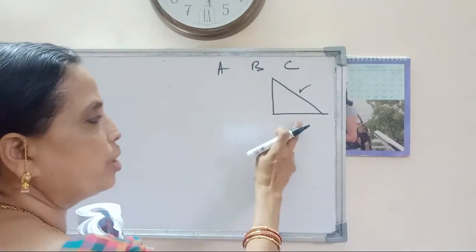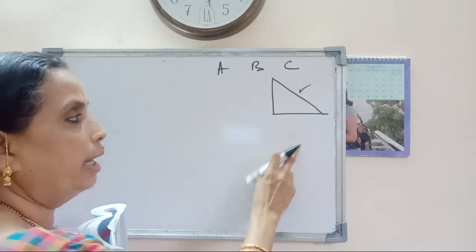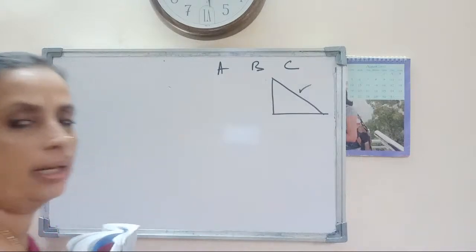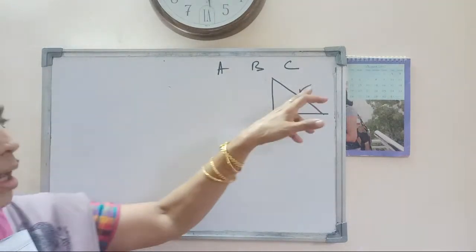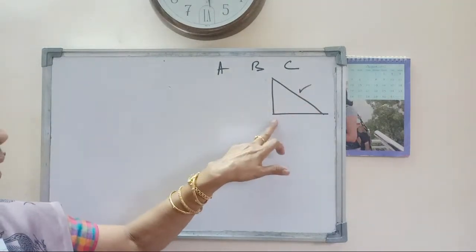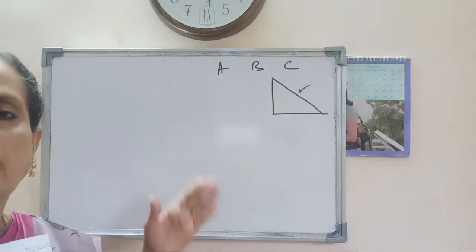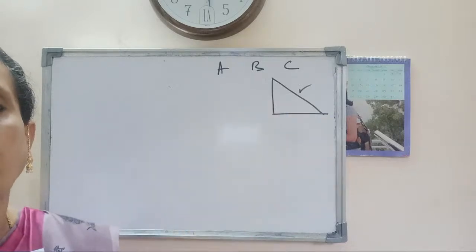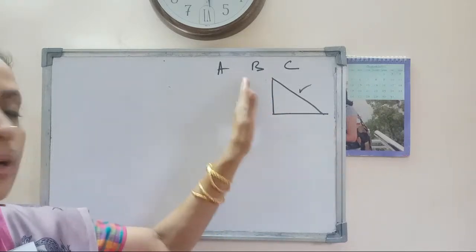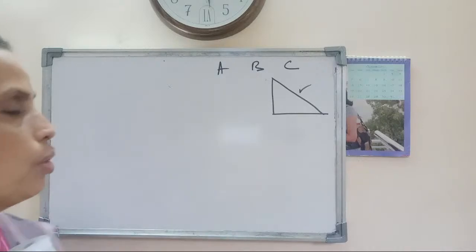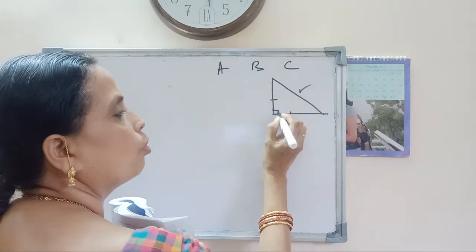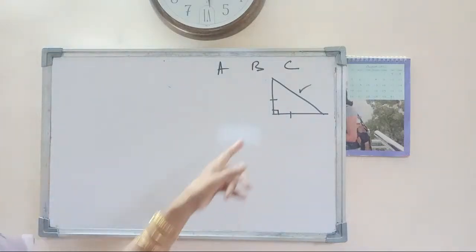If you show these two sides are equal and the sum of the squares of these is equal to this, then we can say the angle opposite to that side is the right angle. In the beginning, I cannot say whether it is right angled at A or B or C. Isosceles means these two sides should be equal, and this should be 90 degrees, which means it should follow the Pythagoras condition.